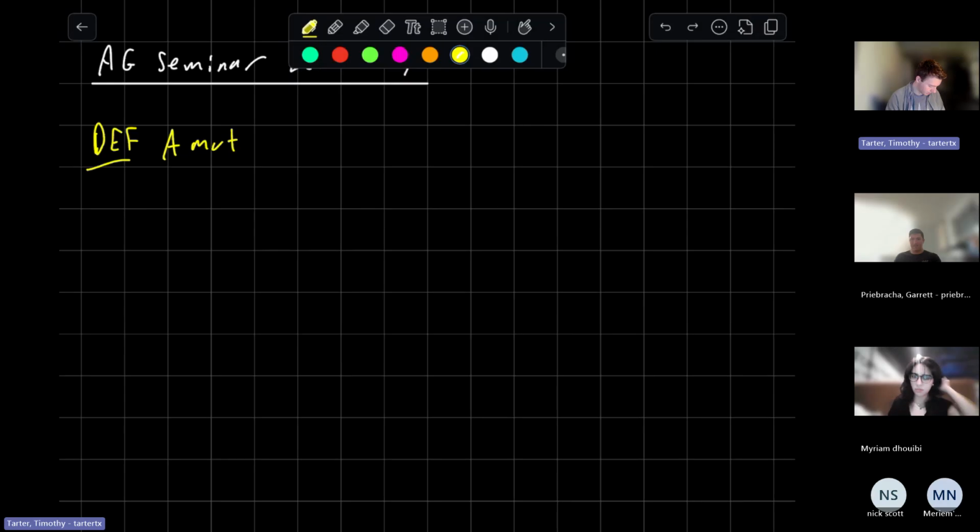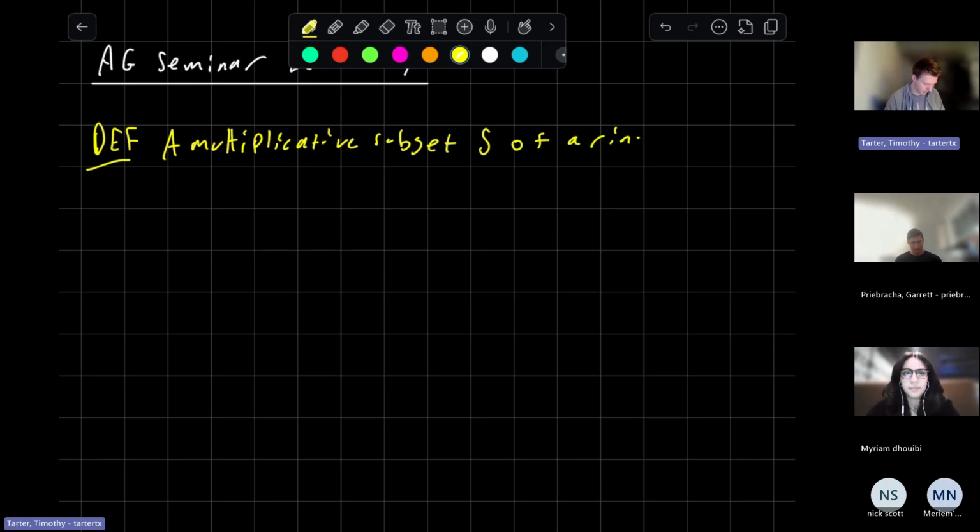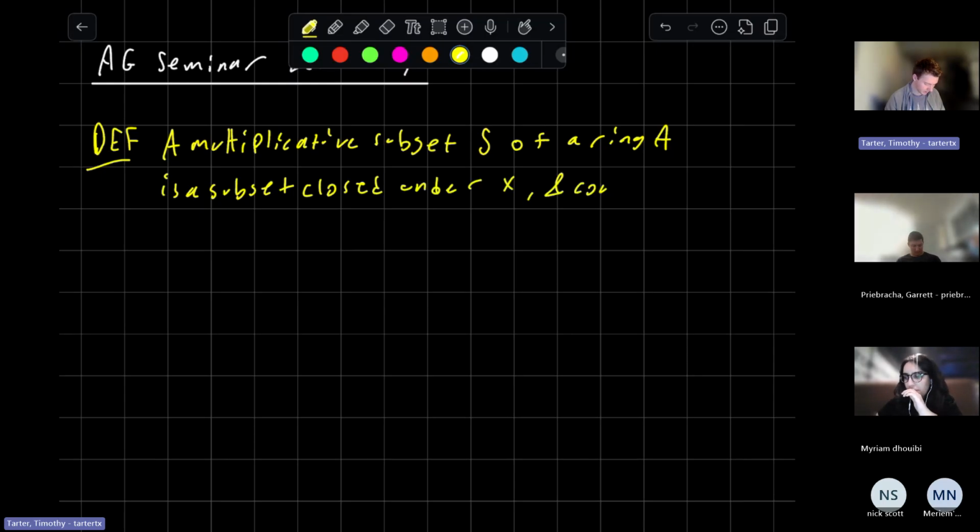I can never spell this the first time. Multiplicative. There we go. A multiplicative subset S of a ring A is a subset which is closed under multiplication and contains 1.